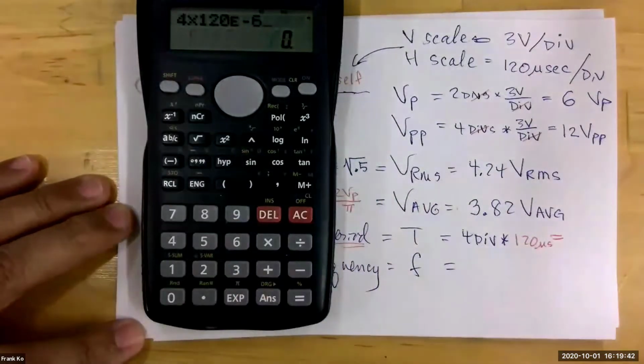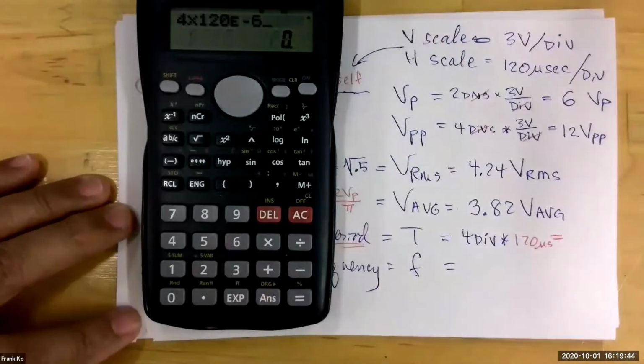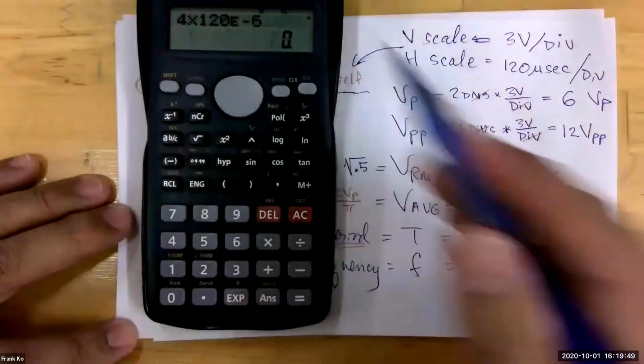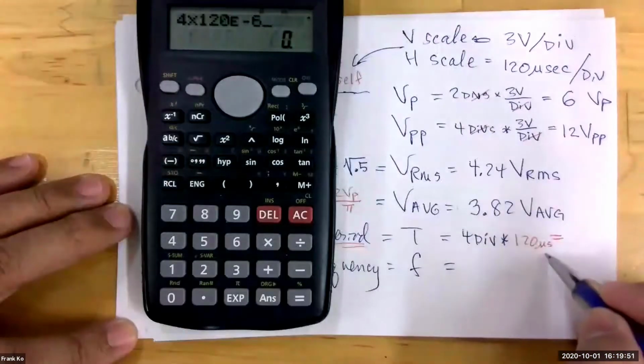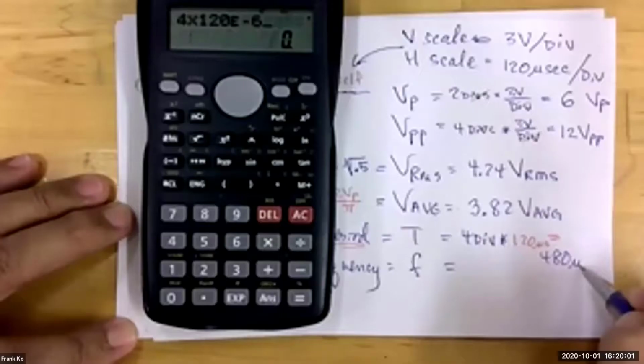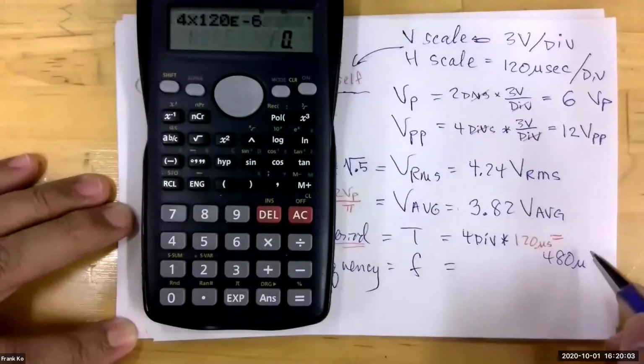Before I hit the equals, could you give us a calculation on that, Brad? What is 4 times 120 micro? What did you calculate? I got 480 micro. Time is measured in units of?